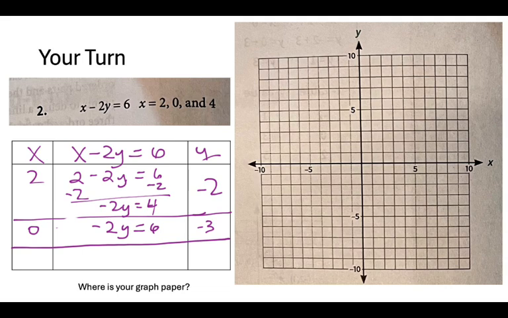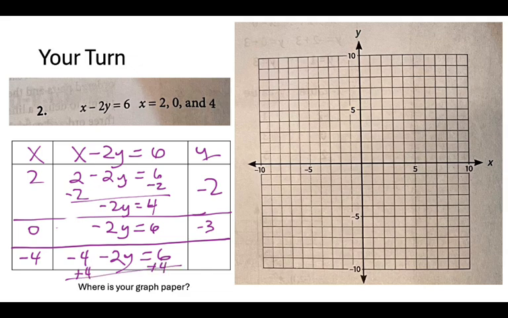Now, I'm going to put in 4. Okay. So I'm going to put in a negative 4 here. And I'm going to have negative 4 minus 2y equals 6. I'm going to add the 4 to both sides.